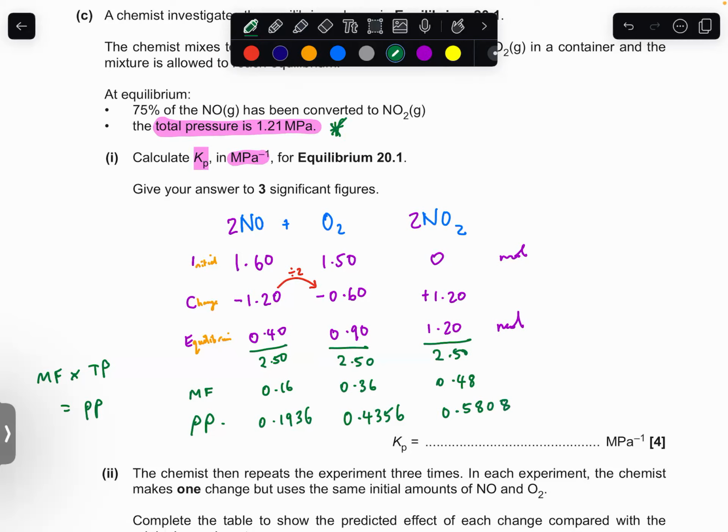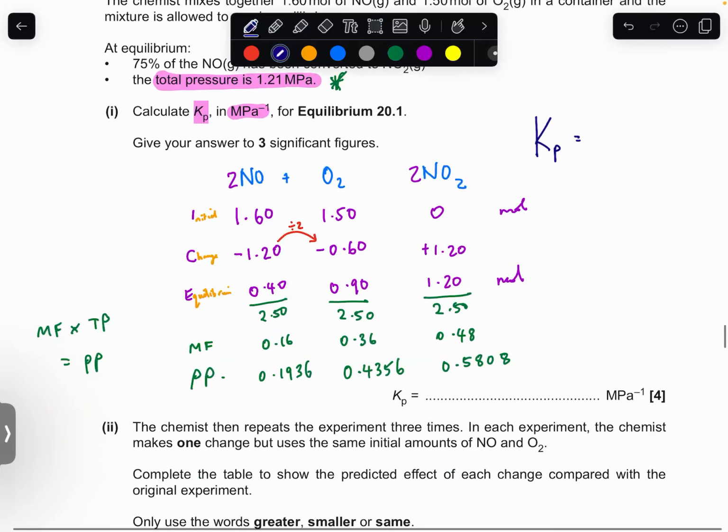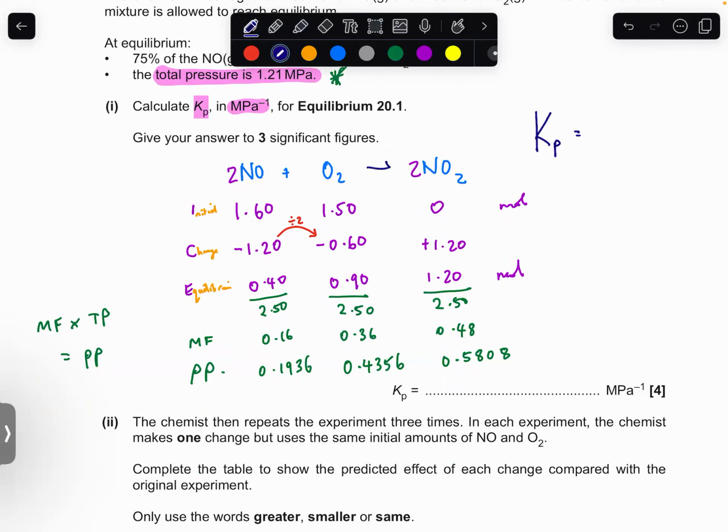So our expression is Kp is equal to products over reactants. Our products are NO2, so P, we use the curved brackets, NO2. We square it because we raise the big numbers as powers, products over reactants.